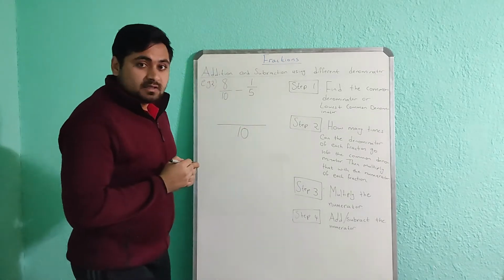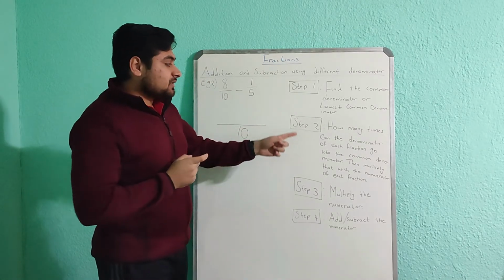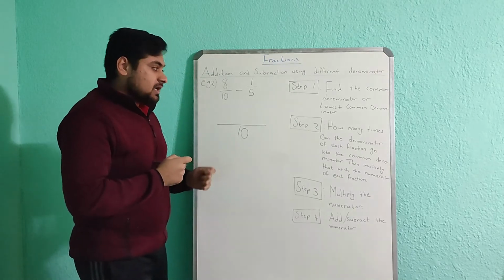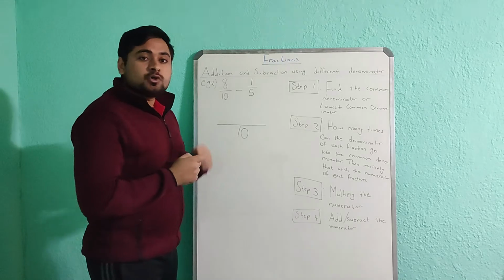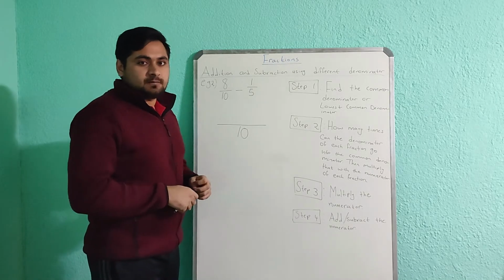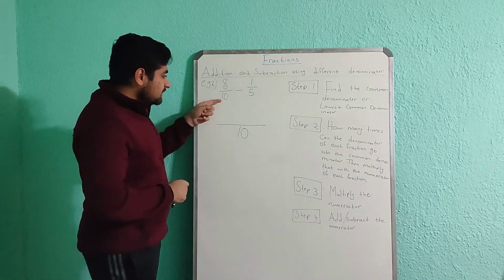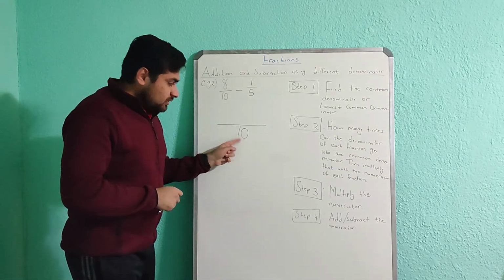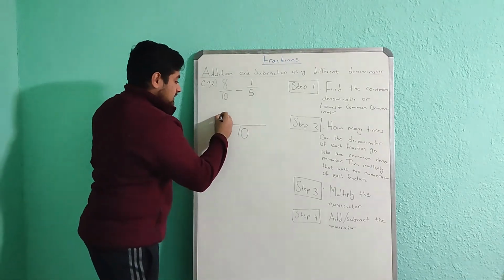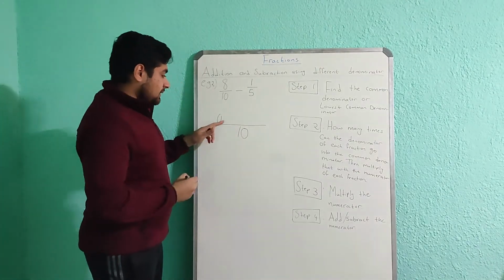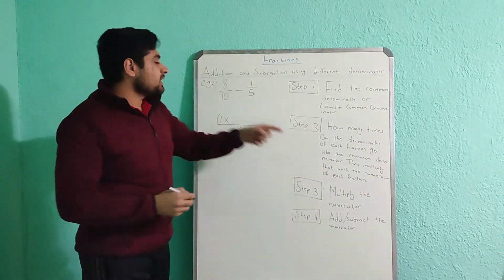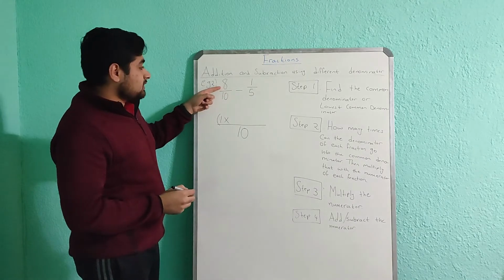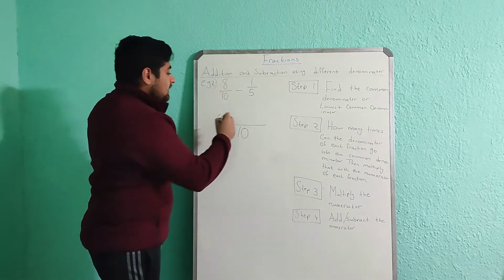What is the second step? How many times can the denominator of each fraction go into the common denominator? Then multiply that with the numerator of each fraction. So we ask, how many times can 10 go into 10? We know it can go 1 time. You multiply that by the numerator of the first fraction, which is 8.